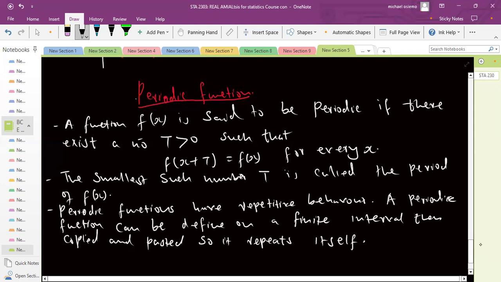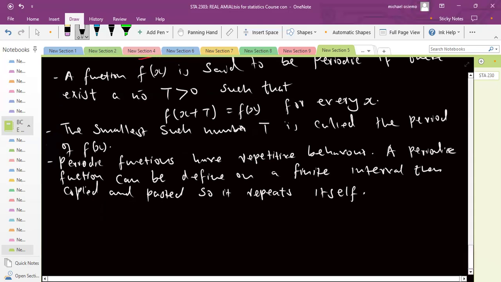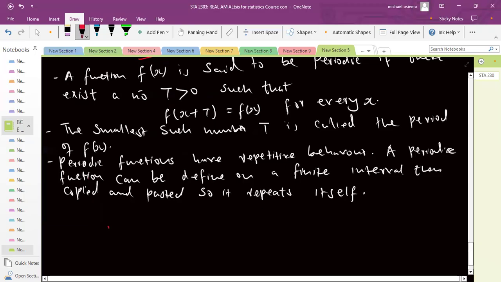Maybe an example. We have said an example of a periodic function. We have sine x, sine pi x and cos pi x are periodic functions.